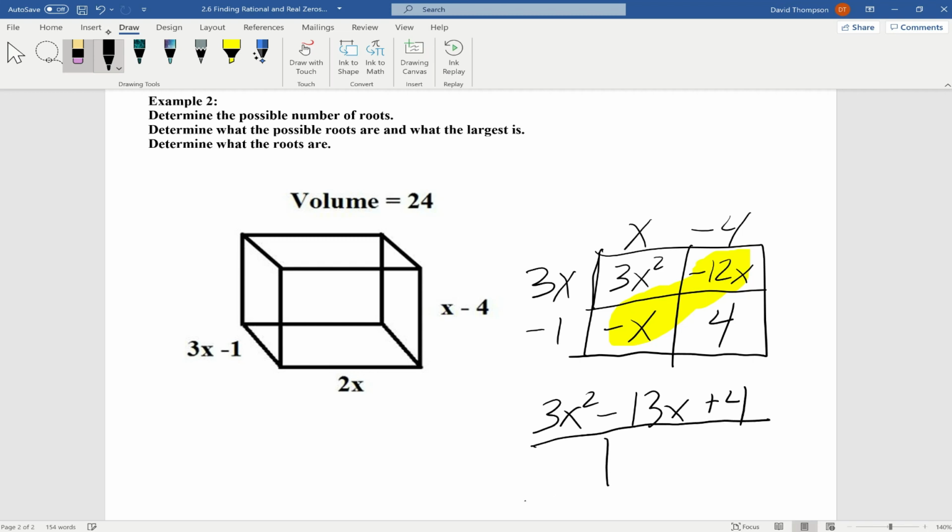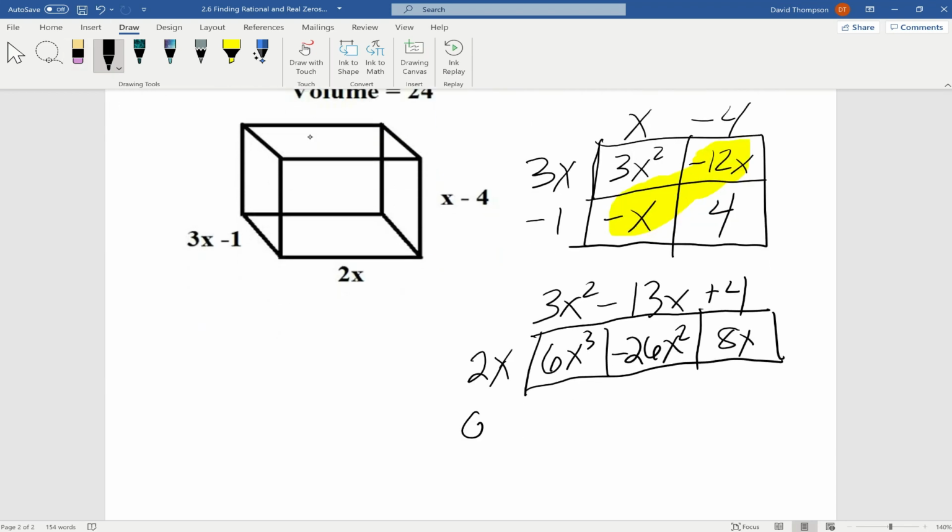Let's set up our new box. And then we're going to multiply in a 2x. 2x times 3x squared is going to be 6x to the 3rd. 2x times negative 13x will be negative 26x squared. And 2x times 4 is going to be positive 8x.